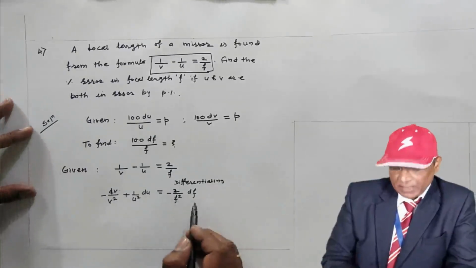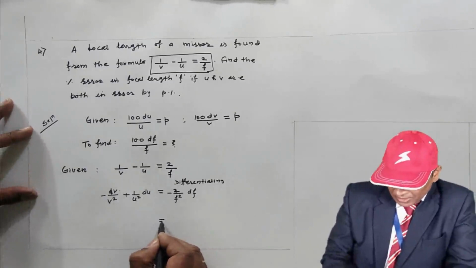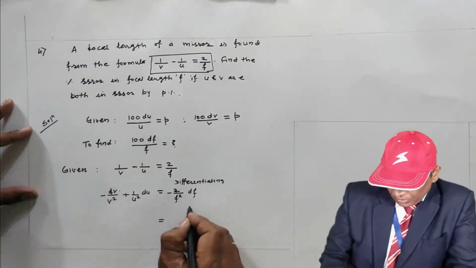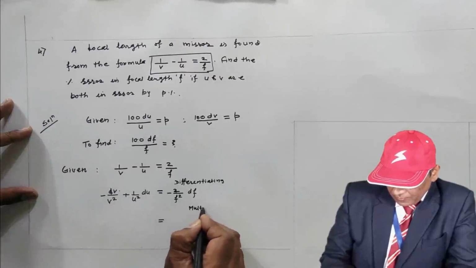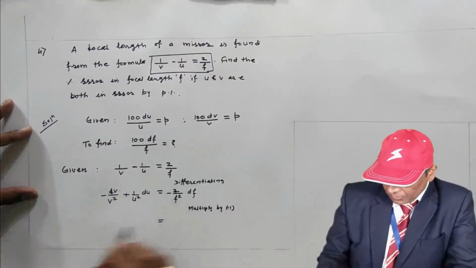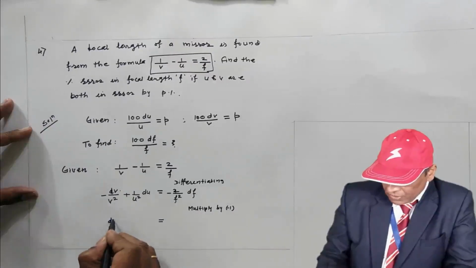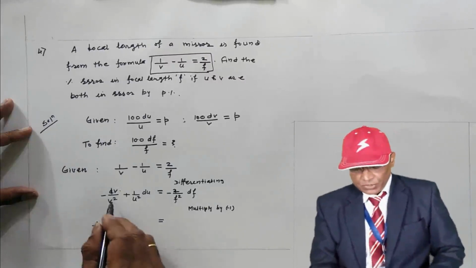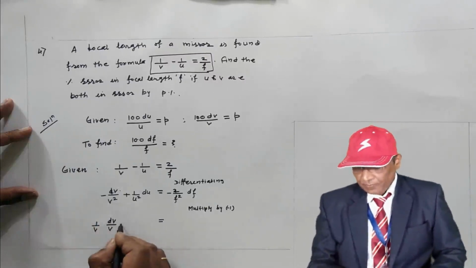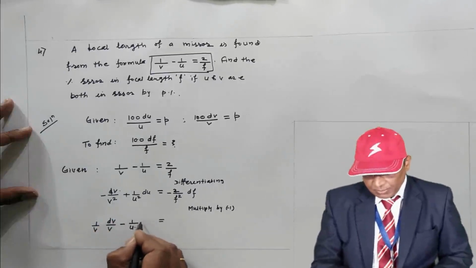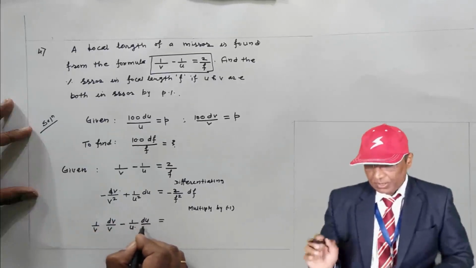I am multiplying by minus sign and V square I have split in this way. 1 by F square in this way I have split. Okay, multiplying by minus sign, this will be plus, this will be minus, and this will be plus, like that.